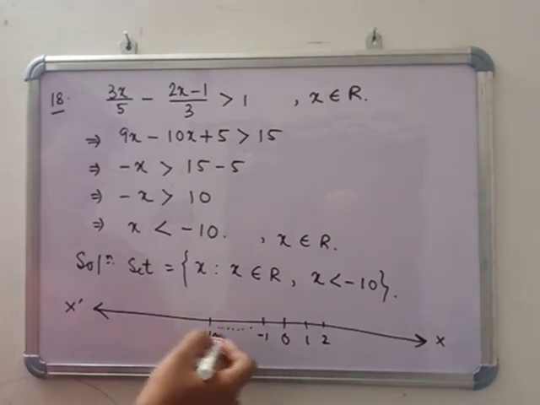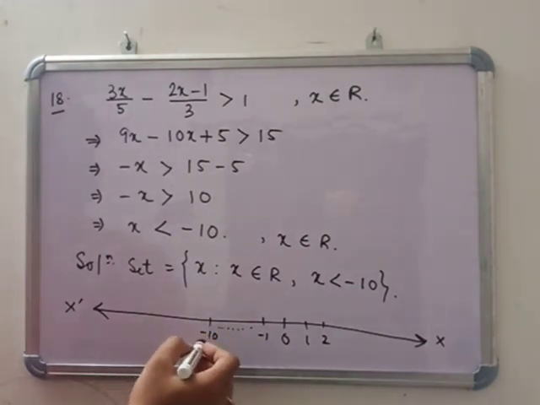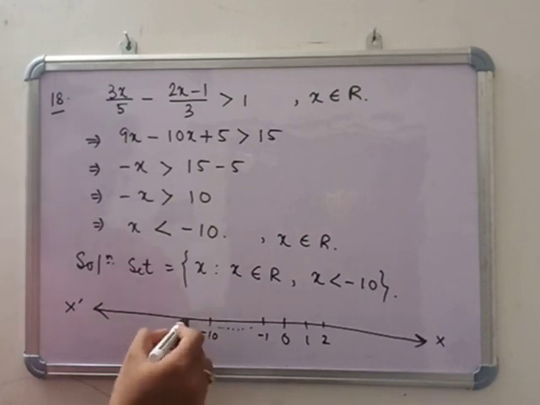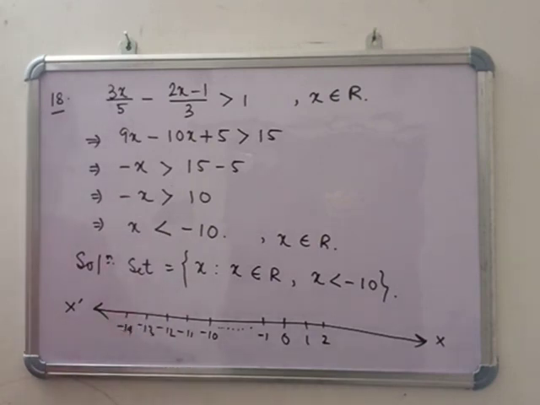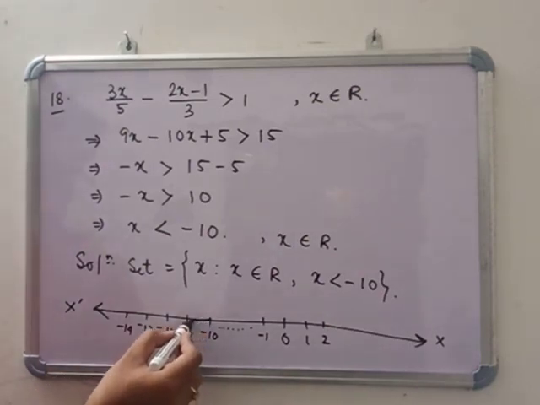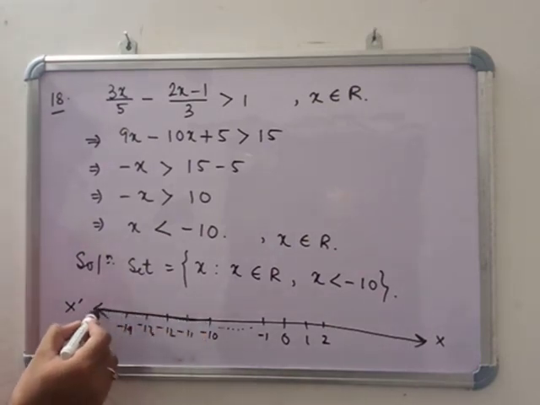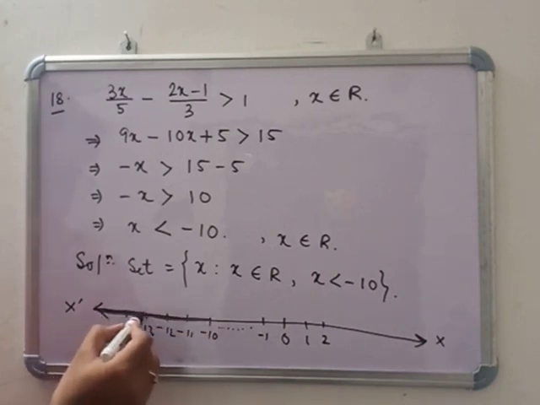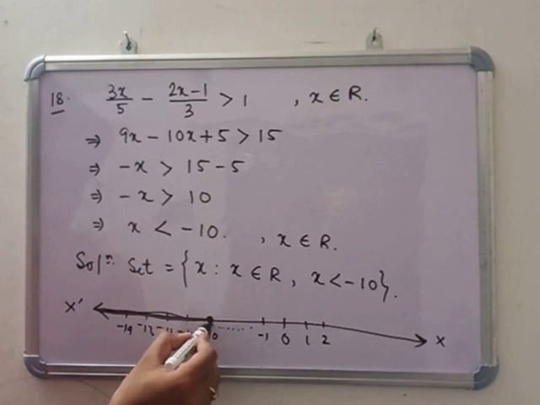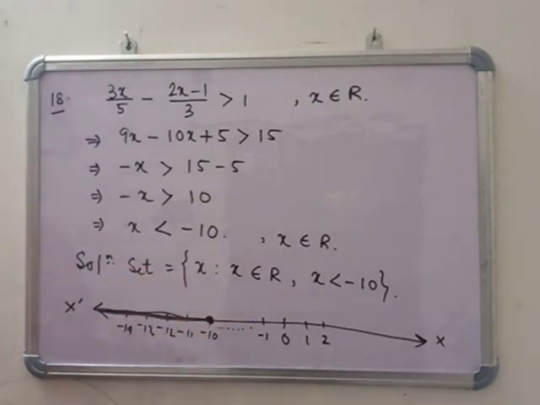Don't do like me. Okay. So now minus 11, minus 12, minus 13 and so on. So now you have to represent like that. Bold it. Because this region is going on. Okay.